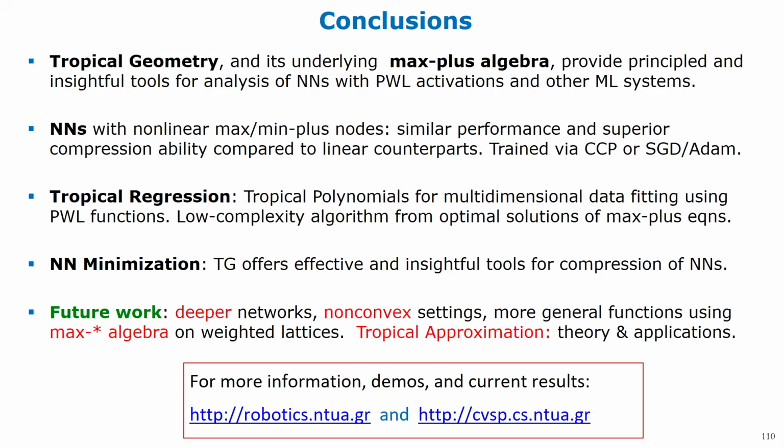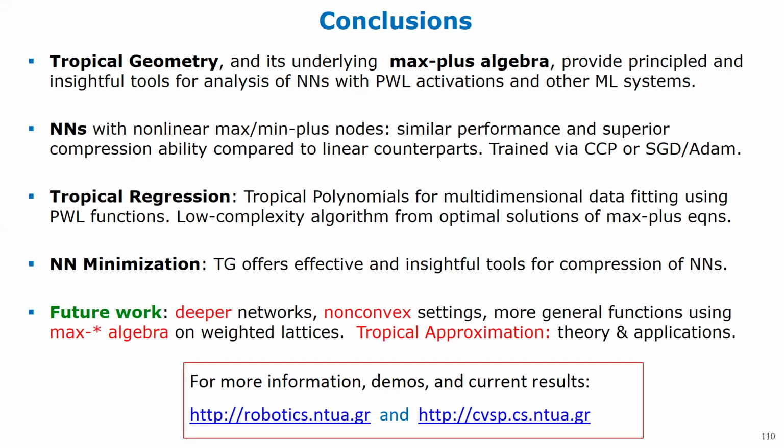They have similar performance and superior compression ability compared to their linear counterparts. Tropical regression is quite promising as a form of convex regression with piecewise linear functions. Neural network compression or minimization can be actually amplified by using ideas from tropical geometry. It's a hot subject in machine learning.